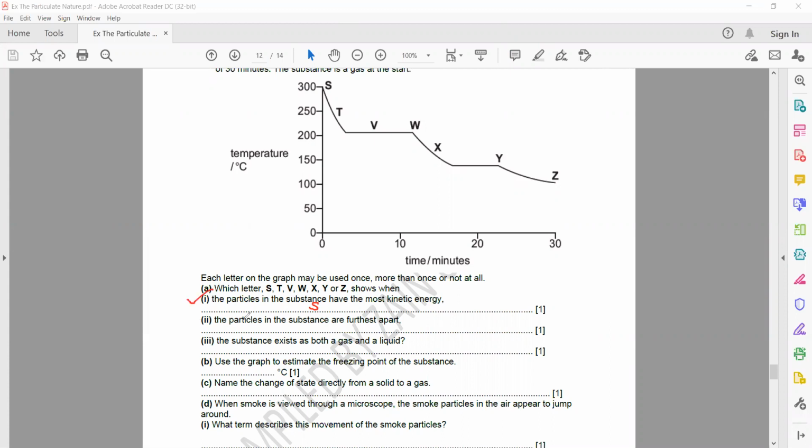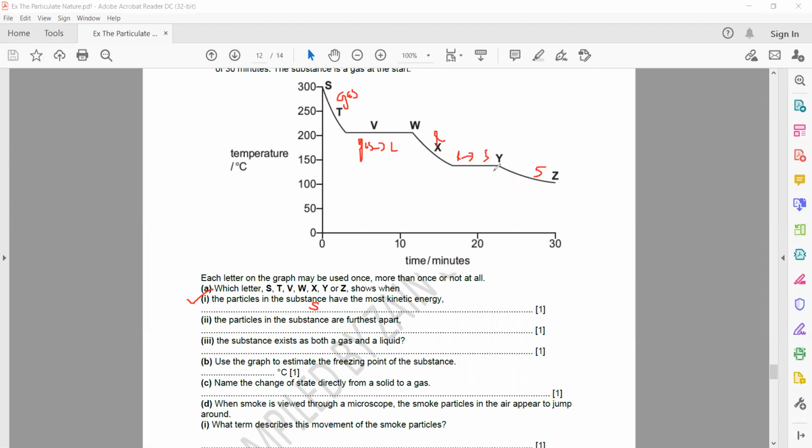Part two: the particles in the substance are furthest apart. As a hint, when I write the states, this will be gas. This is a gas turning into liquid. This will be liquid. A liquid is turning into solid, and this will be solid.